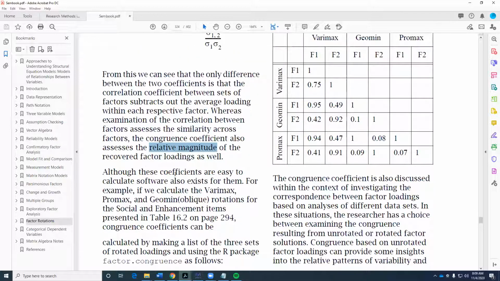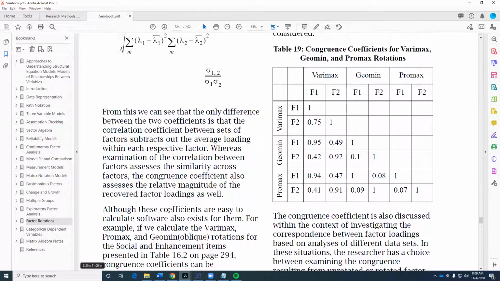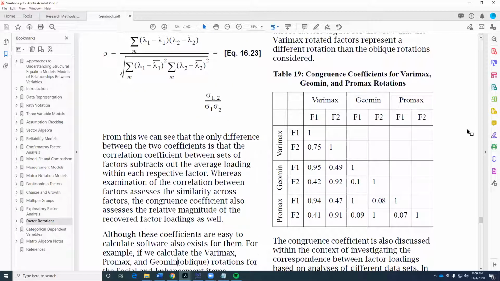So in the example that we had above, if we were doing the two-factor solution that's kind of oblique, I could calculate a Varimax and a Promax and a Geomin oblique rotation. And this is what the congruence coefficients would look like. Now remember, in that example above with the two factors, these are the two factors that are really highly correlated with each other.